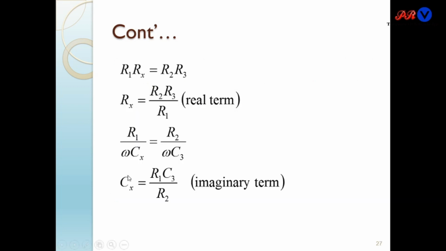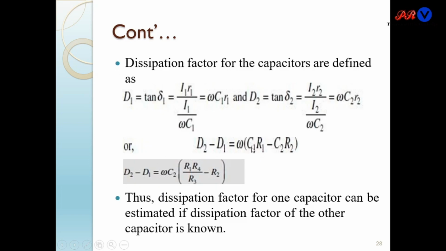Putting this value, let this be C1. In this equation, we will get D2 minus D1 equal to omega C2 multiplied by (R1 R4 by R3 minus R2). So we have an important conclusion here. Dissipation factor for one capacitor can be estimated if the dissipation factor of the other capacitor is known.